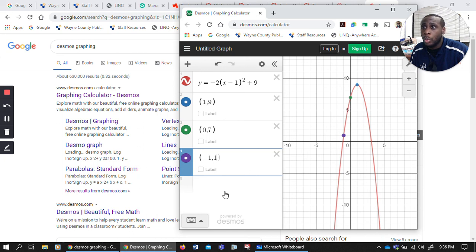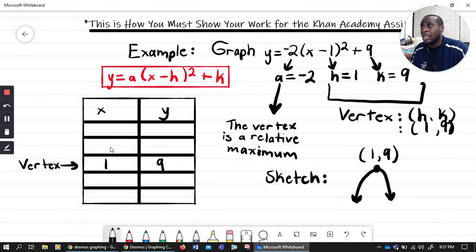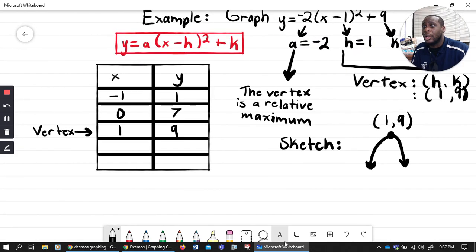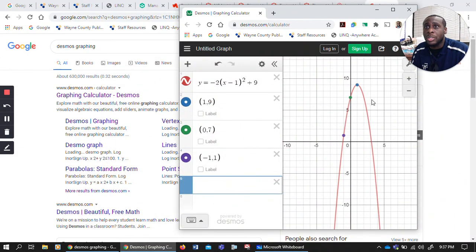Those points that were on the left side of the vertex are going to be written above the vertex. So 0, 7 and negative 1, 1 were those two points. The other points on the right side are exactly symmetric to these.